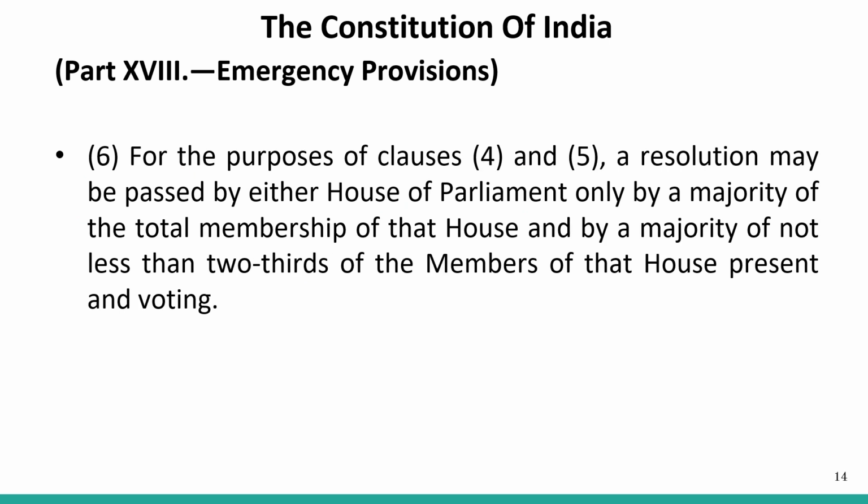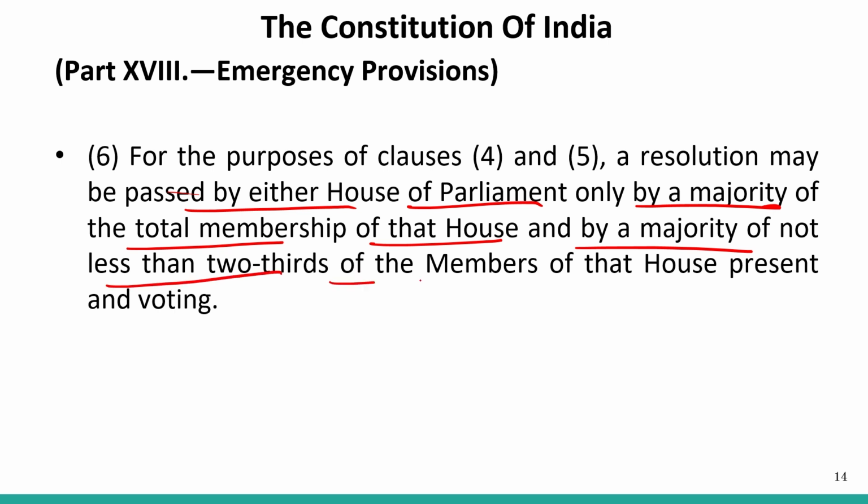Okay. For the purpose of clauses 4 and 5, a resolution may be passed by either House of Parliament only by a majority of the total membership of the House and a majority of not less than 2/3 of the members of the House present and voting. So it should be a majority of total membership.